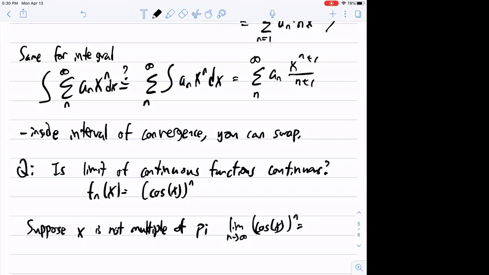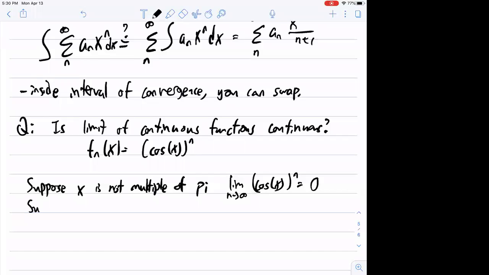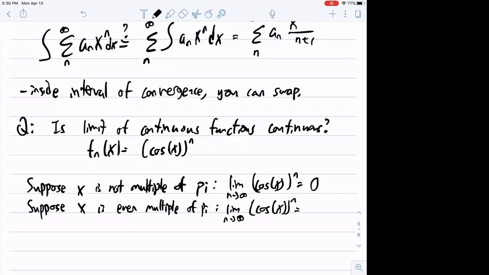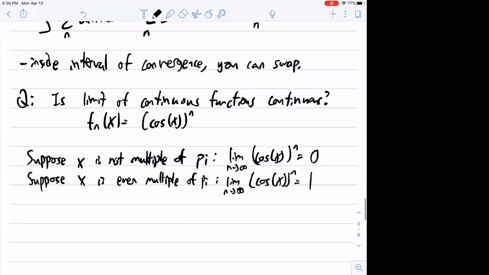For example, a half squared is a fourth, a half cubed is an eighth. So this is 0. Now suppose x is an even multiple of pi. What is this limit? Well, cosine of 0, 2 pi, 4 pi, 6 pi is 1, so this goes to 1.